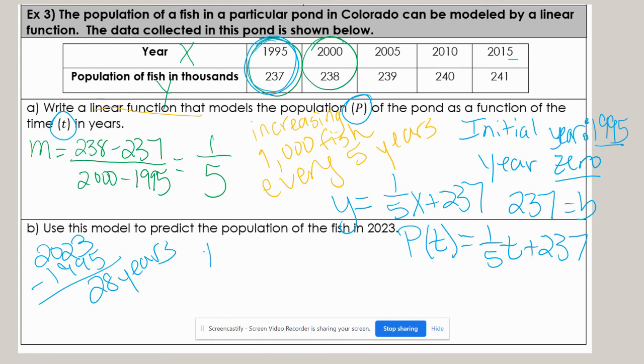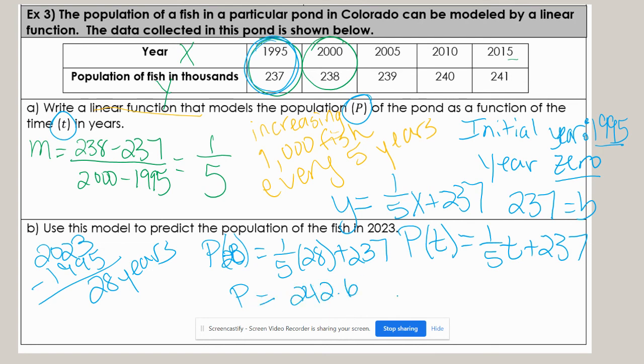So if I plug that in, the population in 28 years, 1/5 times 28 plus 237 gives us, when we plug it in, 242.6 or 242,600 fish.